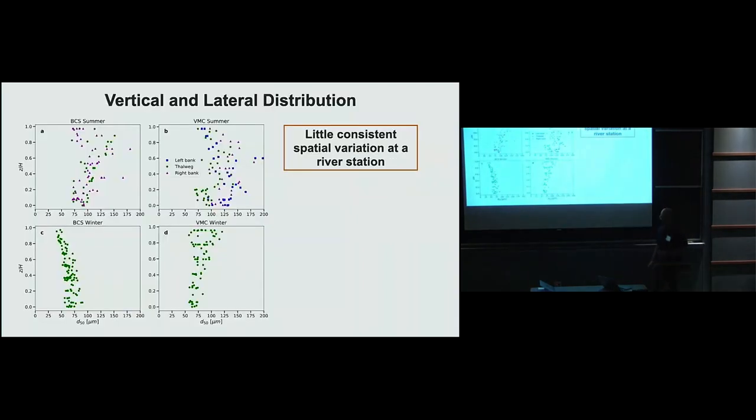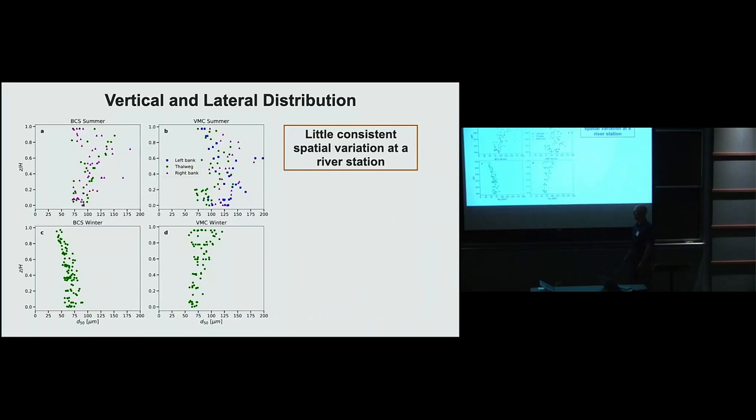All right, what about the vertical and lateral distribution of floc sizes? We have size populations at each of these points, but what I'm pointing at right here is just the D50 of the floc size. And there can be a decent bit of scatter for the D50.